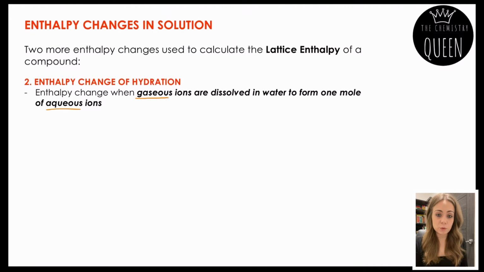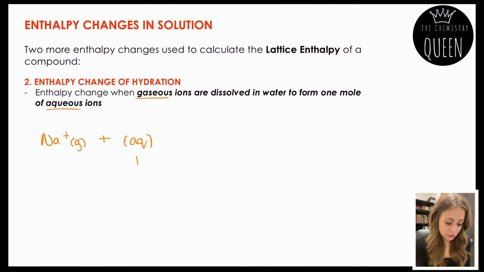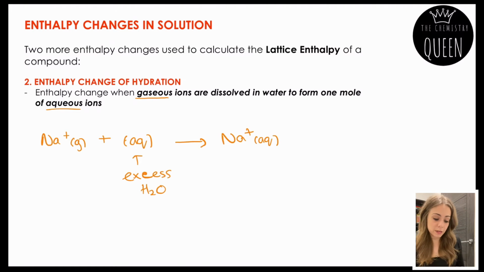Each individual ion in an ionic compound will have its own hydration value, and I can represent this using chemical equations. If I wanted to show the hydration of the sodium ion, according to the definition, we start with it in the gas state, we then add it to excess water, and I can show that by using aq, and we're forming 1 mole of the ions that are now aqueous.